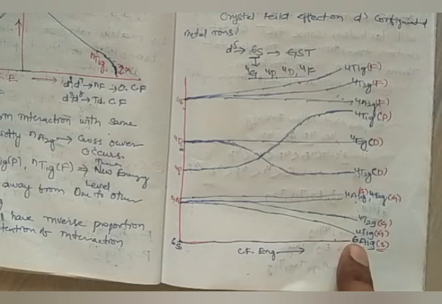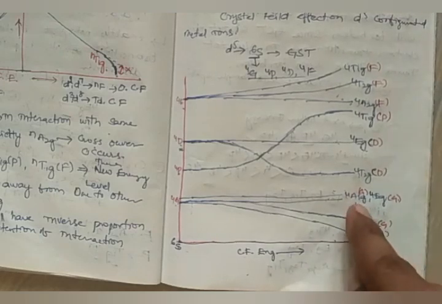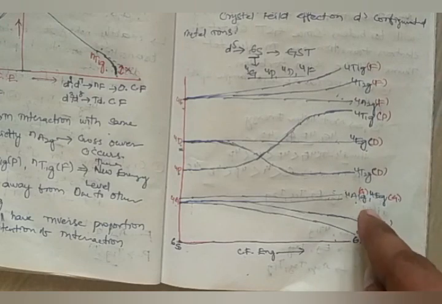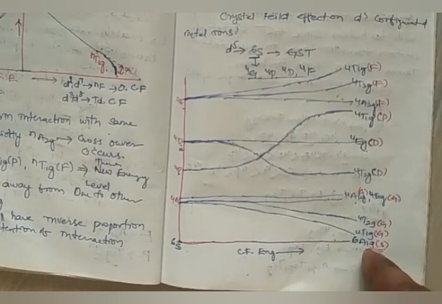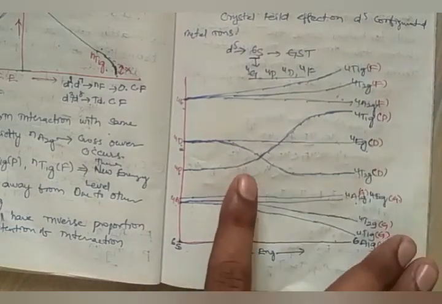Here the ground state is sextet and the higher energy states are all quartet, so the multiplicity differs from the ground state to the higher energy states. So the electron excitations will be forbidden. That is one thing.